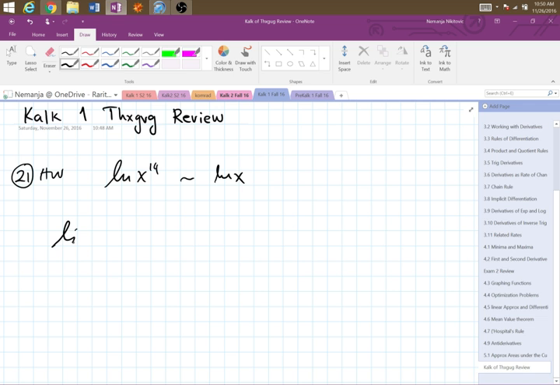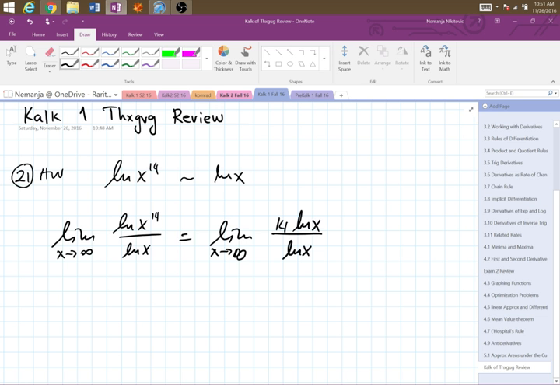Well, we are going to take the limit as x goes to infinity of ln x to 14 divided by ln x. We can use the formula that will take the 14 in front of the ln. And the limit is 14.